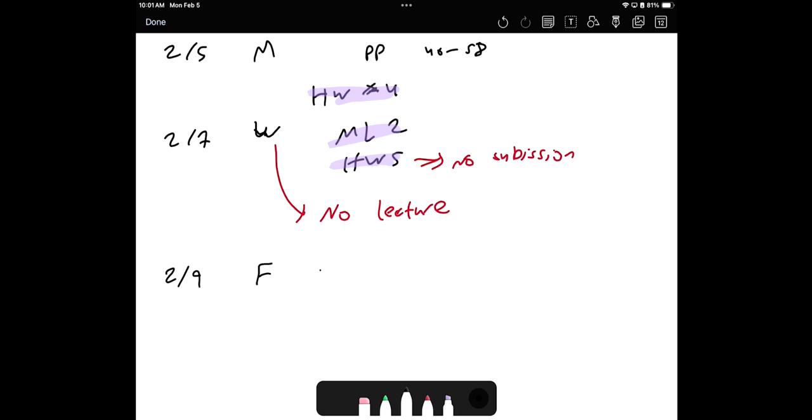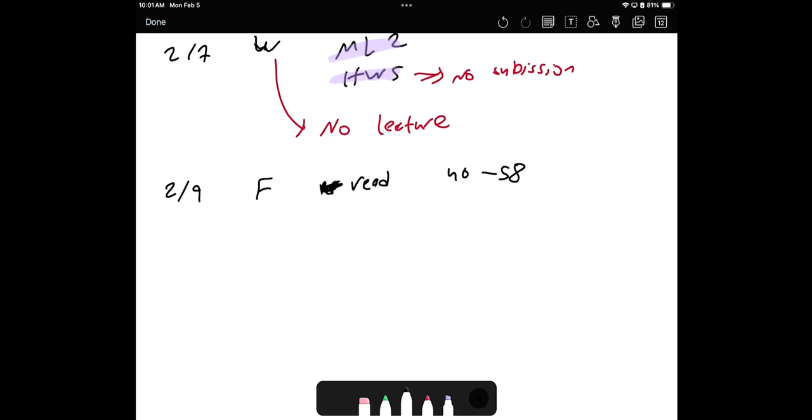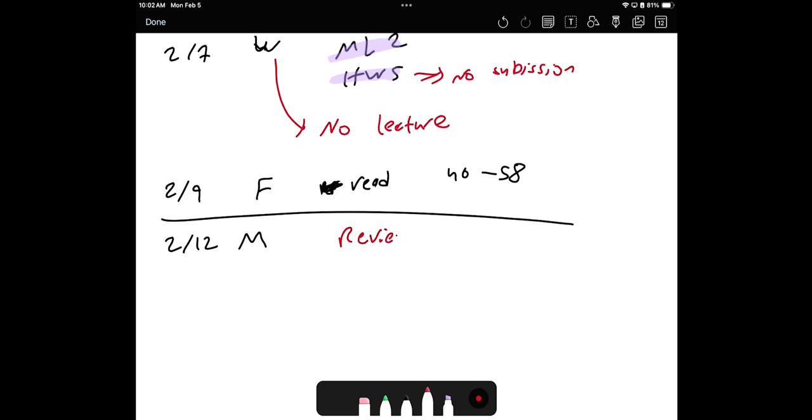Friday, the readings are from page 40 to 58 as well. Then on February 12th, next week Monday, most likely it will be a review for the test. So everything until Friday will be covered in the test, while Monday will be only review.